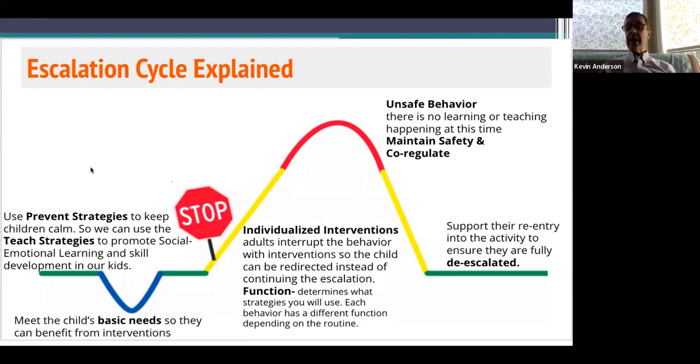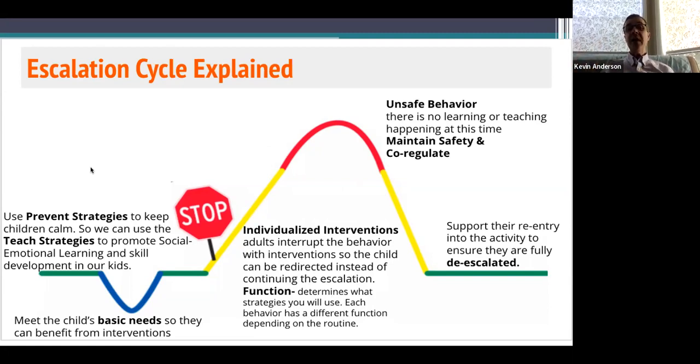One thing to recognize, this graph always gets shown as this nice, slow, gradual increase. You know as parents, sometimes the distance between that little bit of escalation to unsafe behaviors is very, very short. You see a sign and you know that the unsafe or the challenging behavior is split seconds away or just a few seconds away.